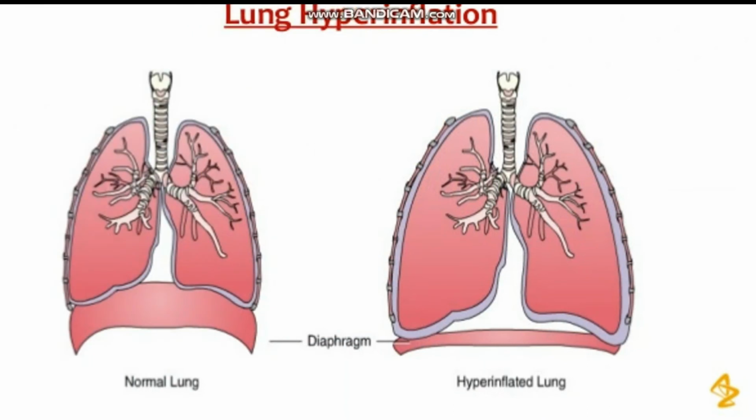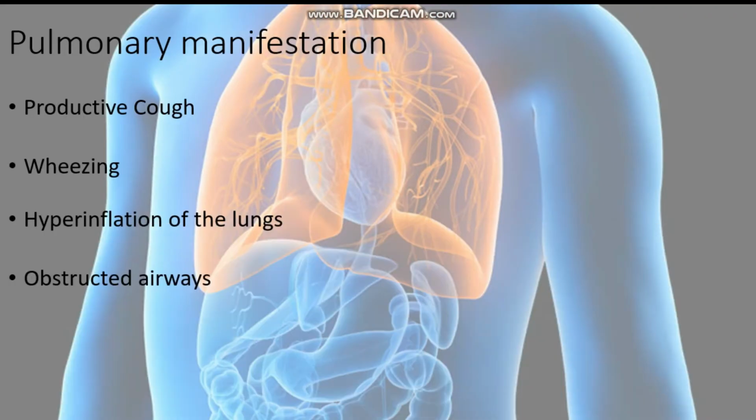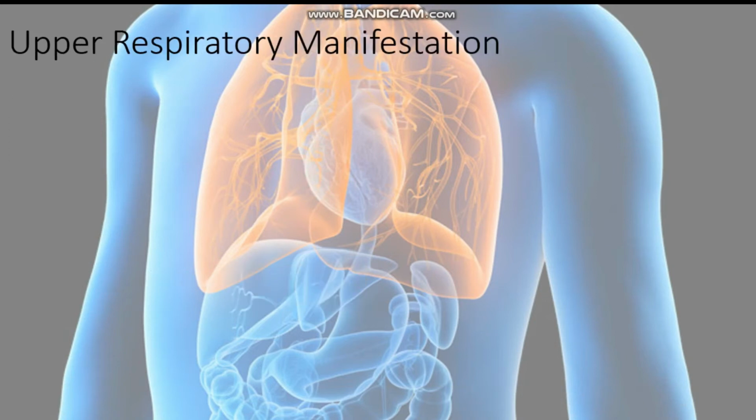Hyperinflated lungs are larger than normal lungs as a result of trapped air. Obstructed airways can result in abnormal breathing patterns such as dyspnea, while the upper respiratory manifestations of cystic fibrosis include nasal polyps and sinusitis.